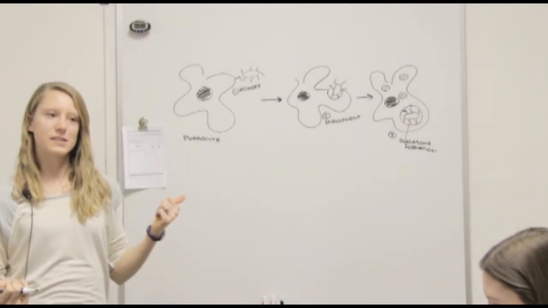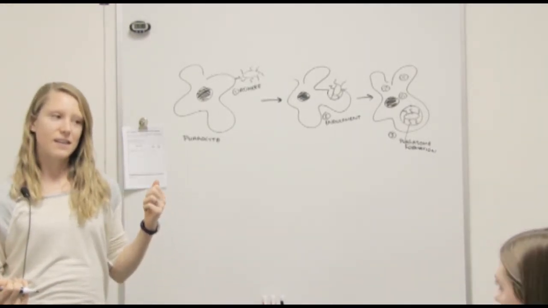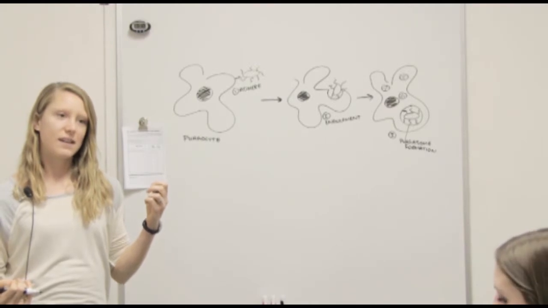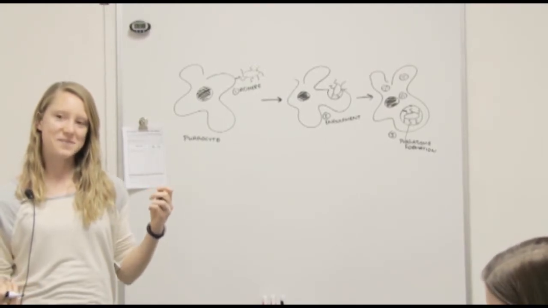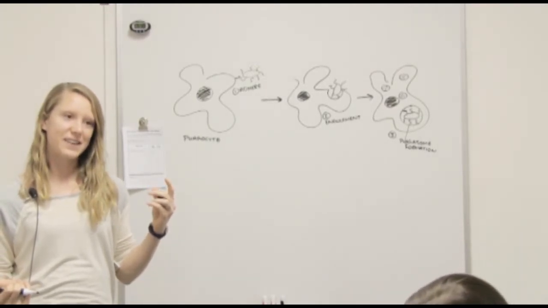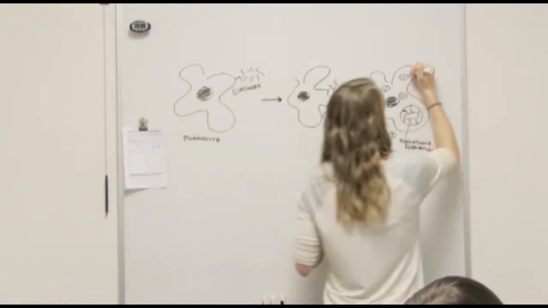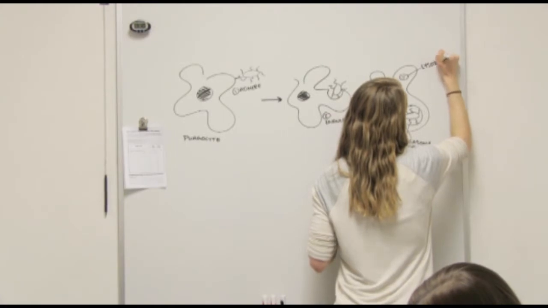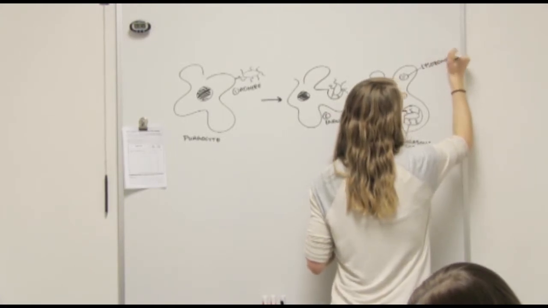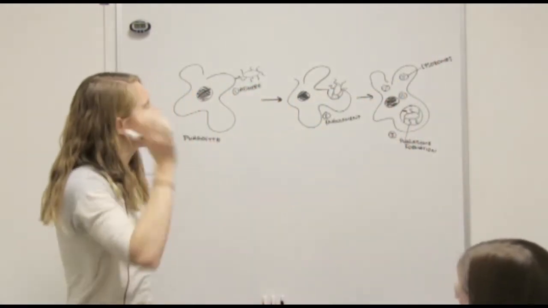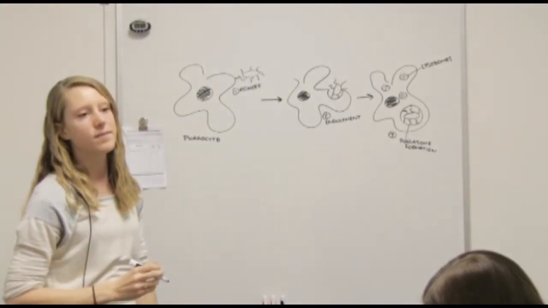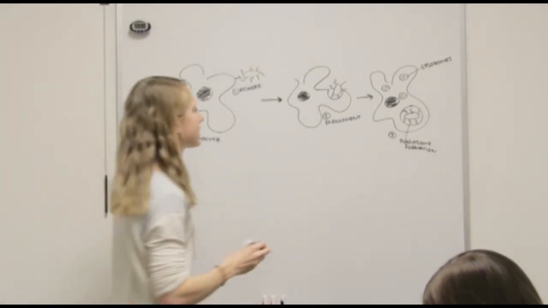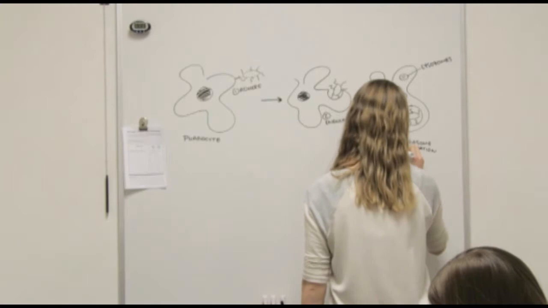Does anyone remember what those little guys are? Lysosomes? Does that ring a bell? While the lysosomes are by themselves up there, they don't do much harm. But what are we trying to destroy here? The bacteria.